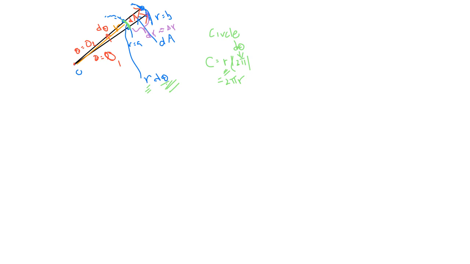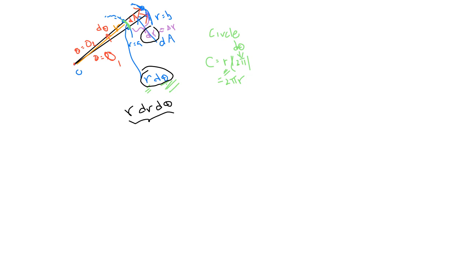Okay, and so if you take dr as your height and r d theta as your base, you get r dr d theta.